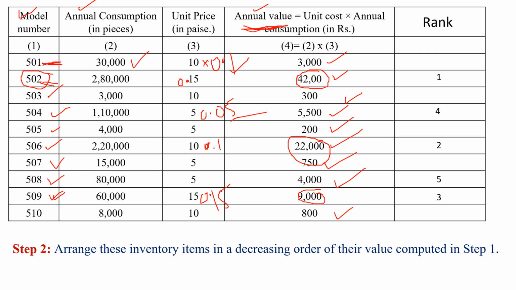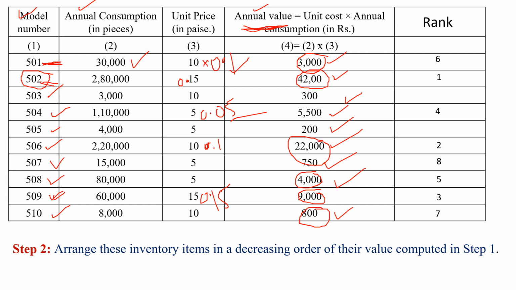The next highest one is 4,000 for the 508 model, that is rank number 5. Next, the sixth rank goes to model number 501, whose value is 3,000. Next, the highest one is 800, so that is rank 7 for model number 510, that is item 10.